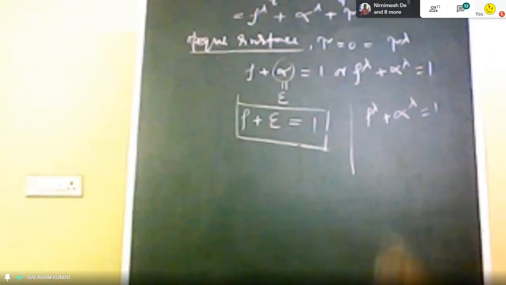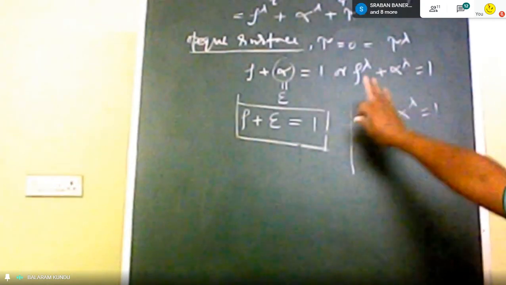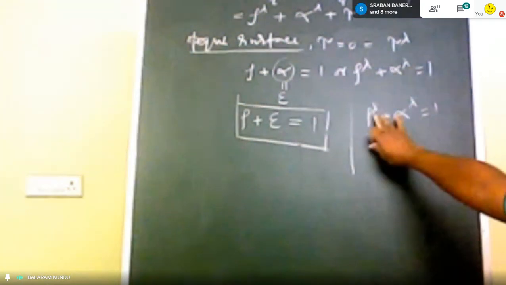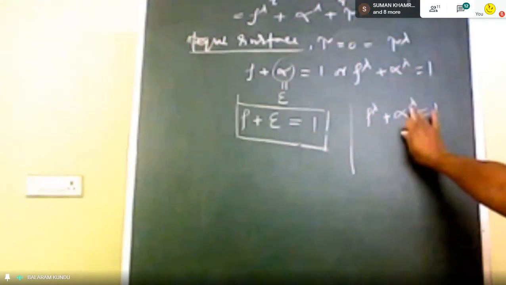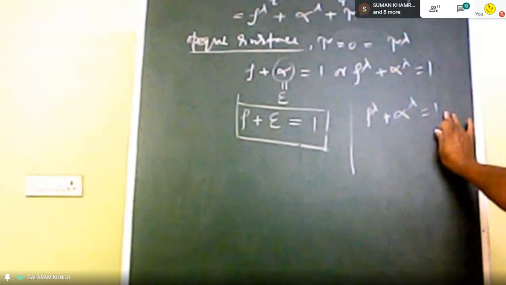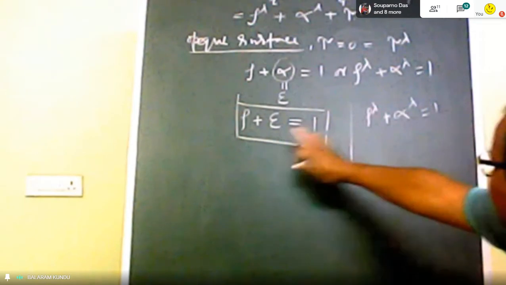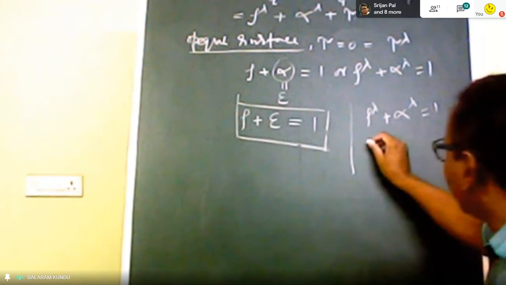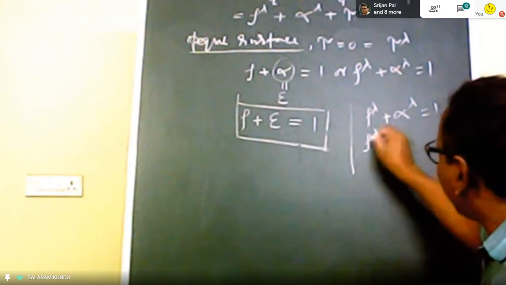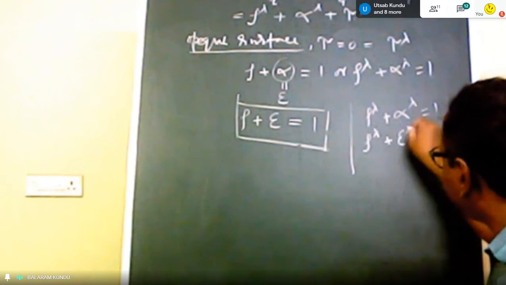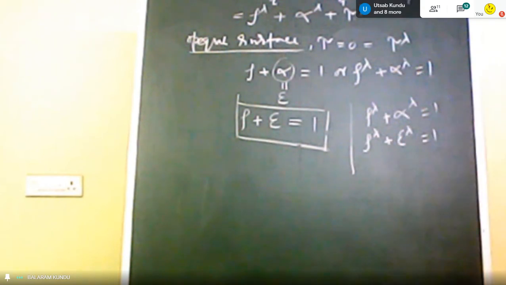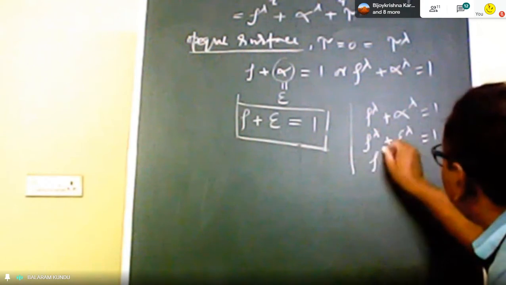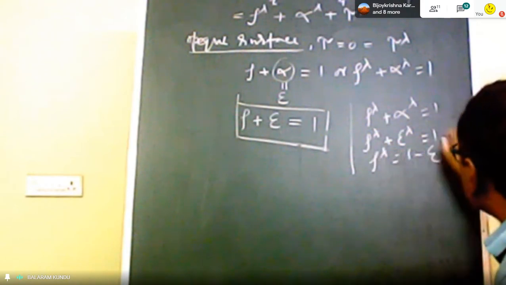For an opaque surface transmissivity equals 0, so rho lambda plus alpha lambda equals 1. In a similar fashion we can replace alpha by emissivity, so rho lambda plus epsilon lambda equals 1. So rho lambda equals 1 minus epsilon lambda.